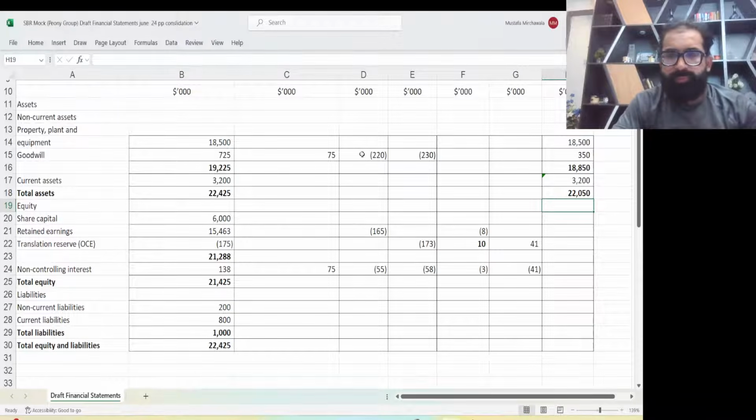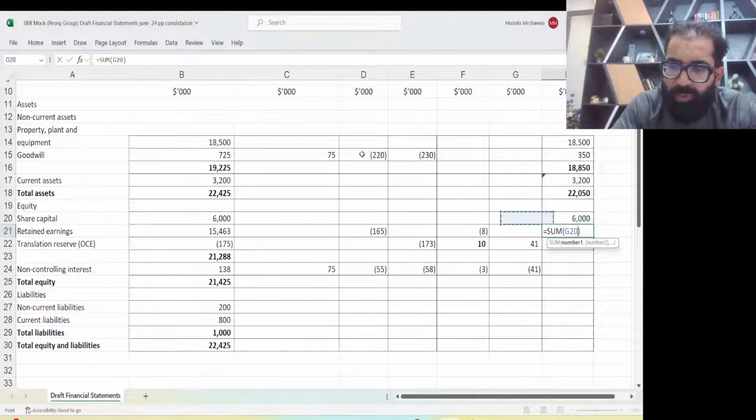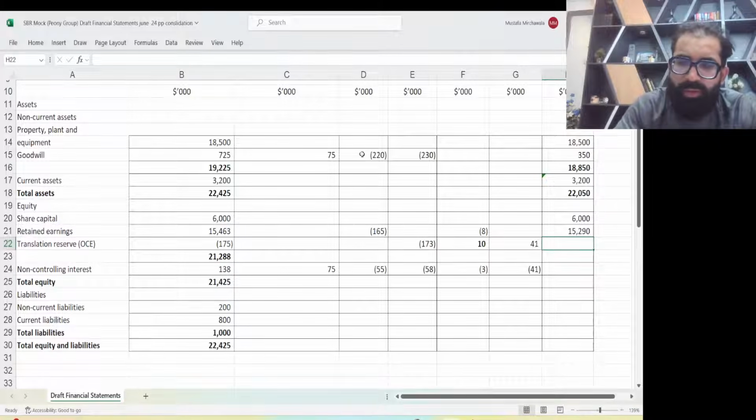Then the next thing is your share capital. Okay. Next thing is the retained earnings. Obviously, you need to add the columns. Yes. 15290. Then you have translation reserve, definitely big working.